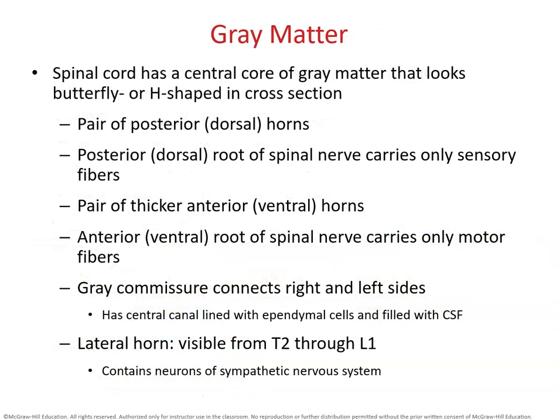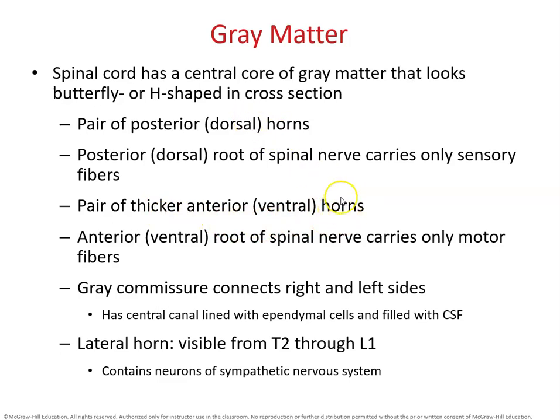So going a bit more deeply into the gray matter, again butterfly or H-shaped in the core, we talk about structures, dorsal horns, those protruding, maybe butterfly wings, if we wanted to go with the butterfly analogy. And then also a pair of slightly bigger ventral horns.